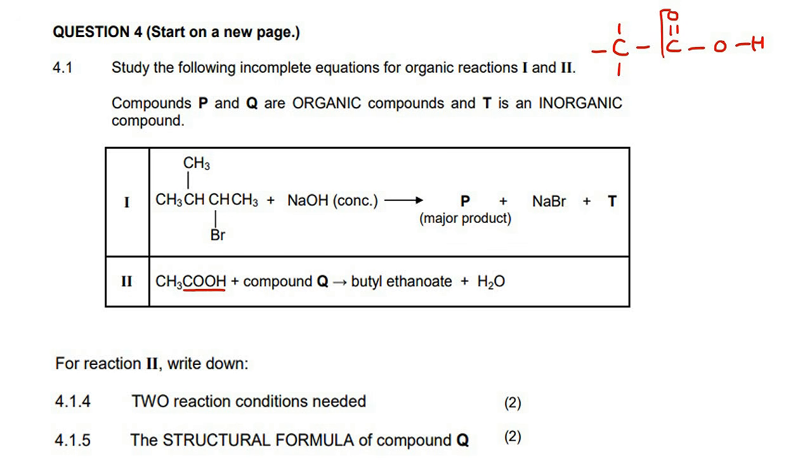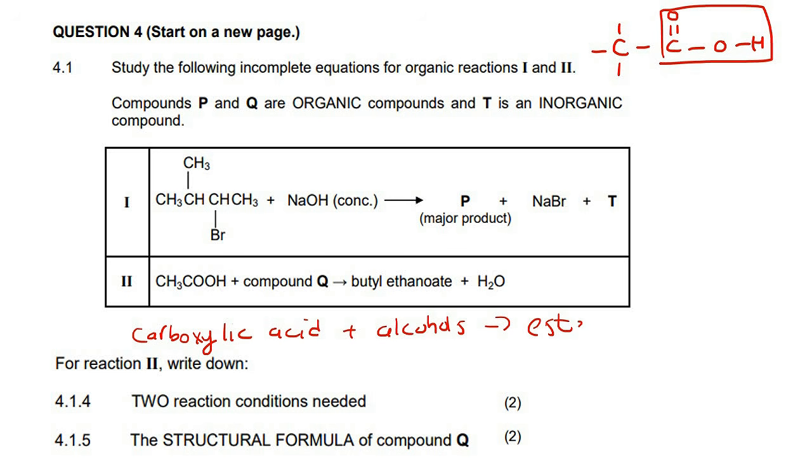You see there's that COOH. That is a carboxylic acid. Now we know that the only reactions that carboxylic acids do in grade 12 is the reaction with alcohols to produce esters. That produces an ester. Okay? And that is to produce esters.